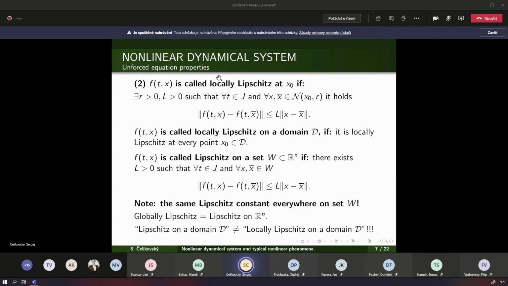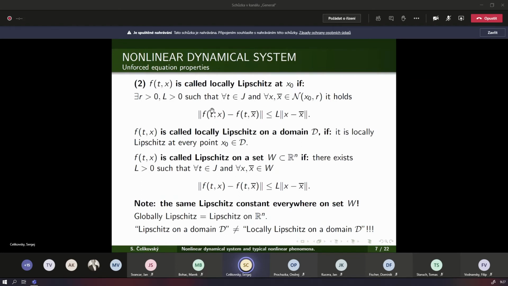f(t, x) is called locally Lipschitz at x0 if there exists some positive real number, r, and some positive constant, L, such that for all time moments from our time range we are interested in, and now for any couple of points, x and x bar, which belong to the ball-like neighborhood of x0, this simple property holds.